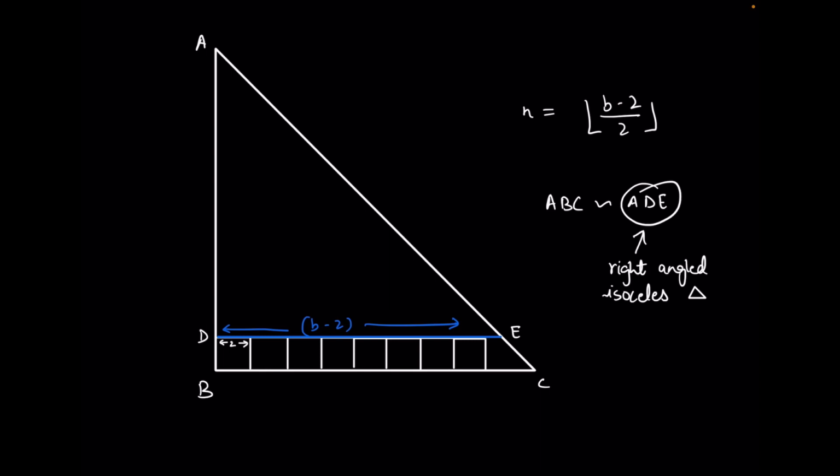This is exactly the same problem as we had with ABC, but it's just a smaller problem because the base length is smaller now, right? So that means that ADE is a subproblem now that we can solve.